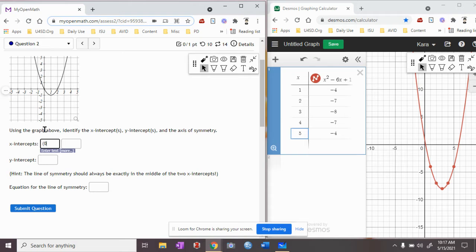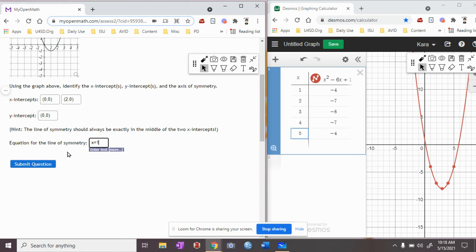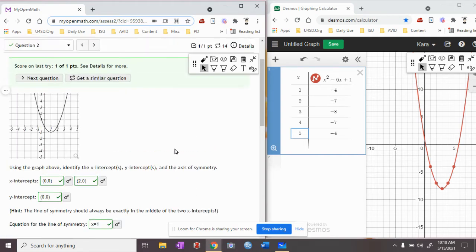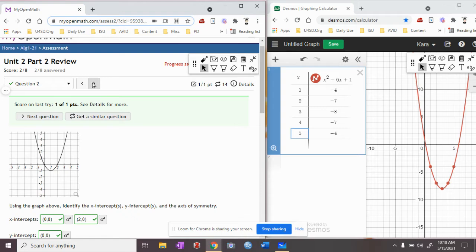We've got (0, 0), and then (2, 0), and then our y-intercept was also at (0, 0), and my axis of symmetry was at x equals 1. Now, you do need the x equals there. It will not mark that correct unless you have that as an equation. Remember, it's specifically asking for an equation, right? So then we submit, and we should be good to go.